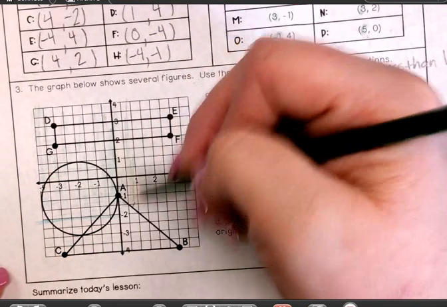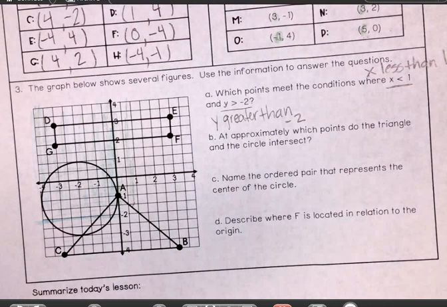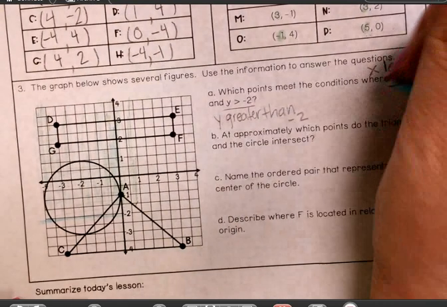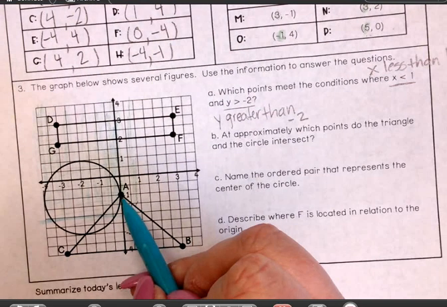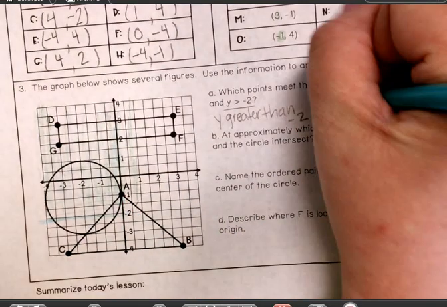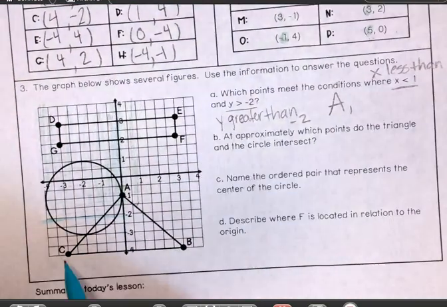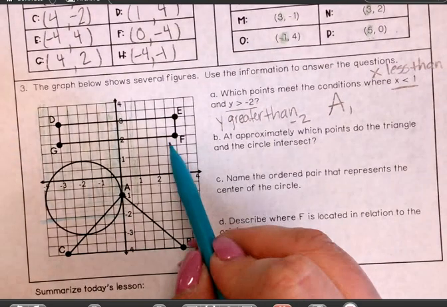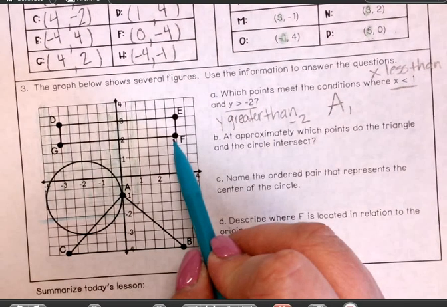So which points are colored by green and blue? What about A? Yes. What about C? No. What about F? No. What about G?